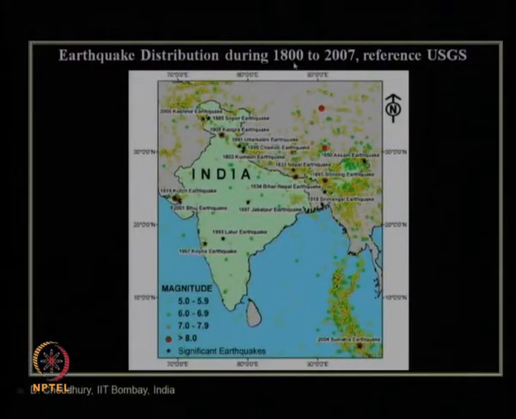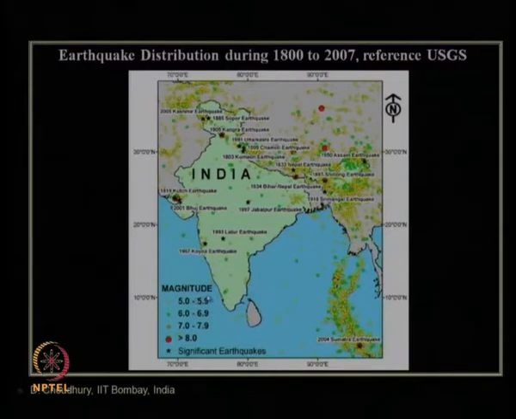In this figure, we are now showing the earthquake distribution during 1800 to 2007. This data is available on the USGS website, so the reference is USGS. You can see the latitude and longitude wise distribution for the entire India.